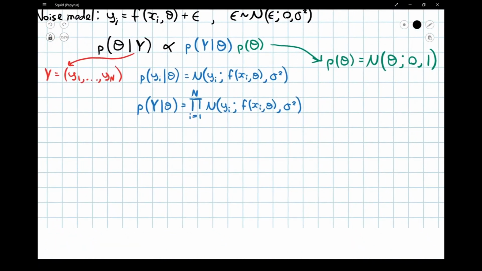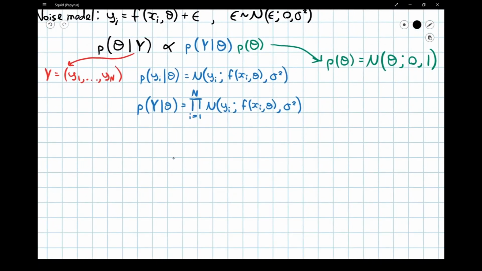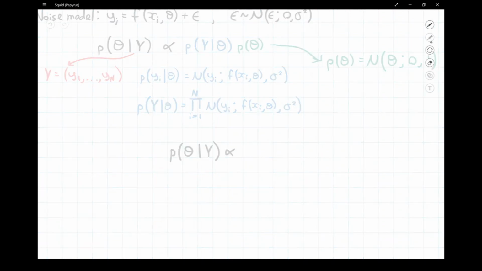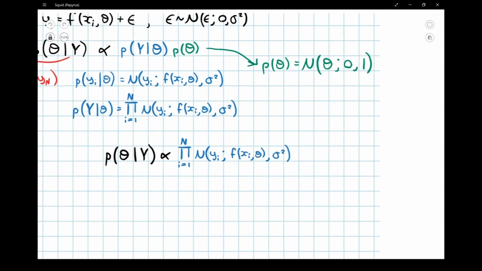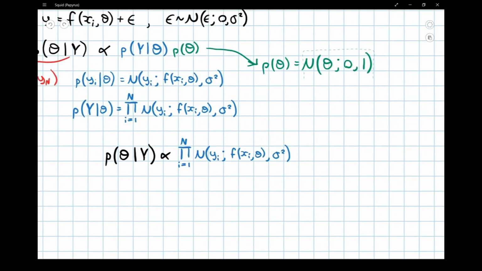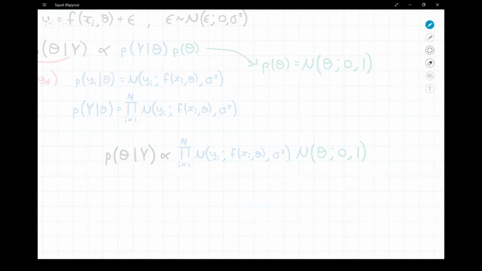Okay, so now we've got a full expression for probability of theta given y. We know it's going to be proportional to the likelihood multiplied by the prior. And at this point, you've got everything you need.